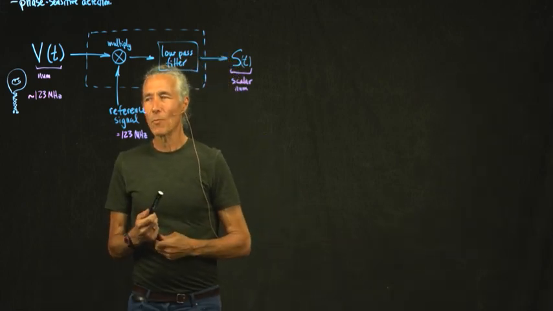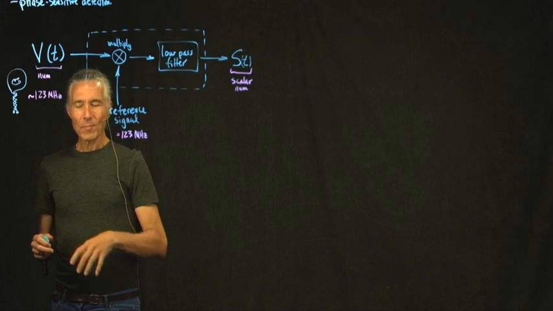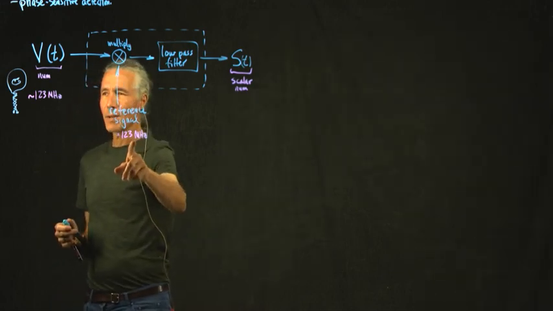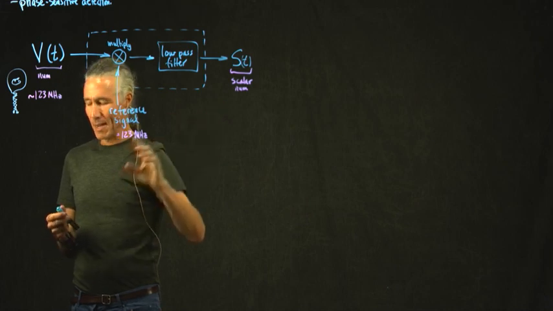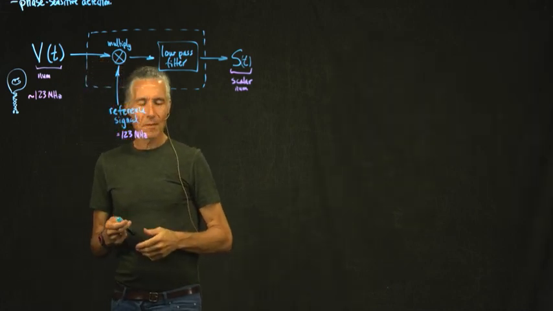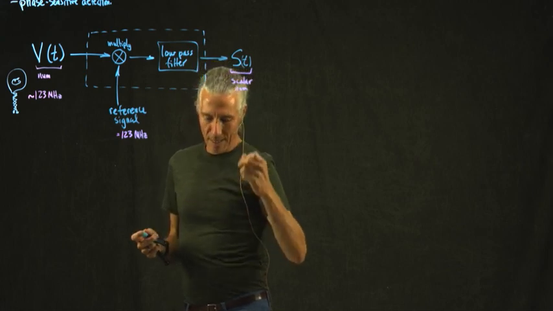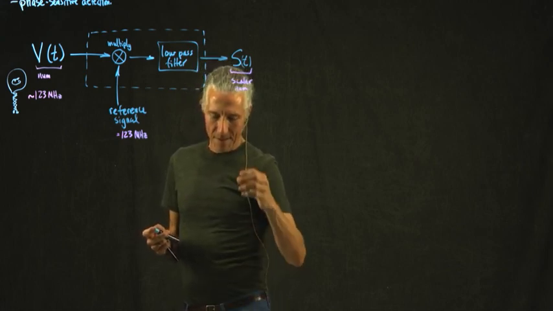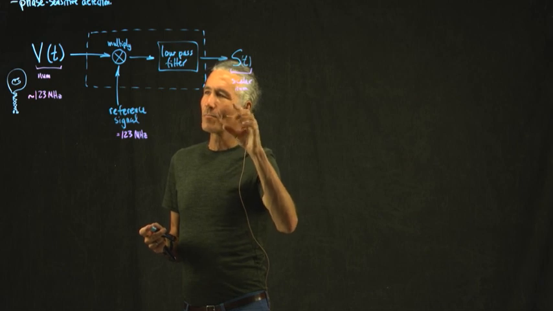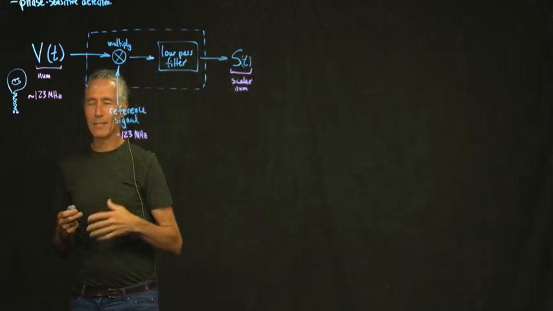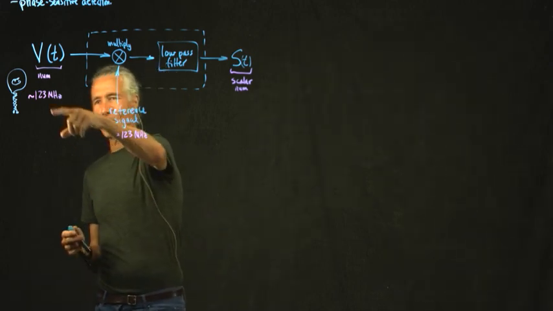This is basically a way of moving from these very high frequencies, 123 megahertz, down to a much lower frequency. There's various jargon for describing this. You can describe this as moving to the baseband sometimes. You can also describe this as demodulation. So there's a lot of modulation going on here.